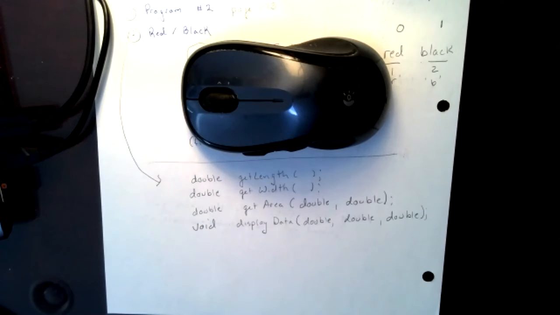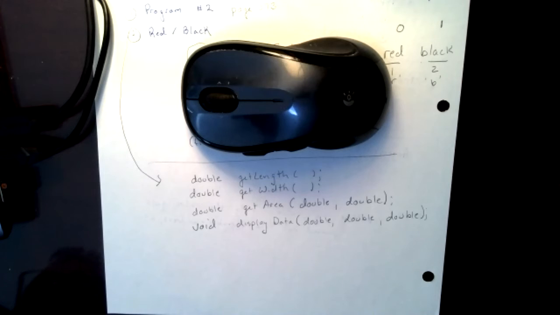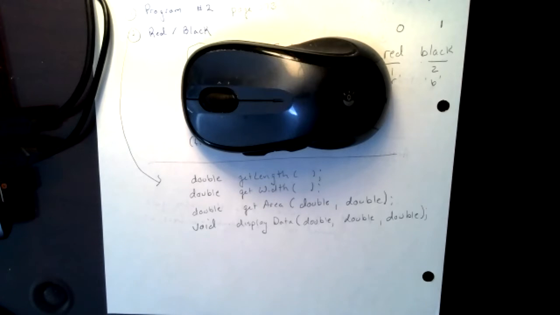So quickly jot that down. That's the first program you're going to write when you're in your groups. Double get length, double get width, double get area, passing in 2 values. So there's your 4 prototypes.